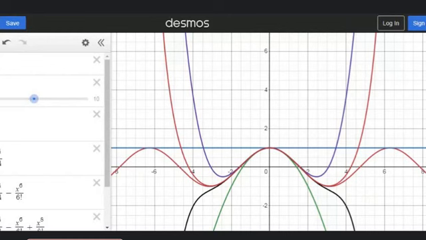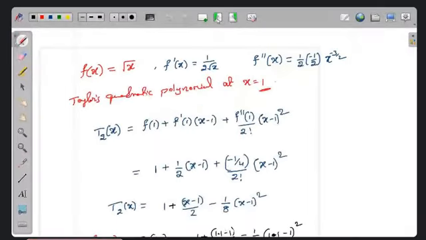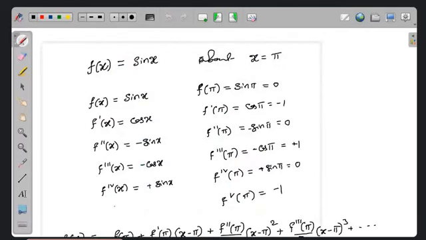But I hope you are clear on how to find the Taylor series expansion of the given function. The main aim is this one only: finding the Taylor series expansion of the function. Yeah, so any questions or doubts?